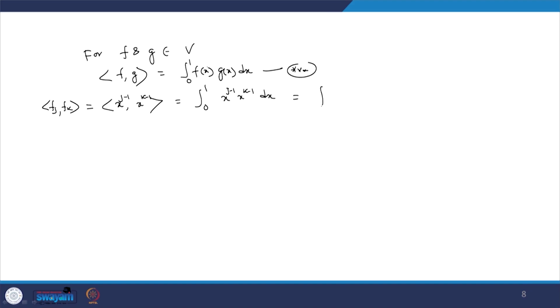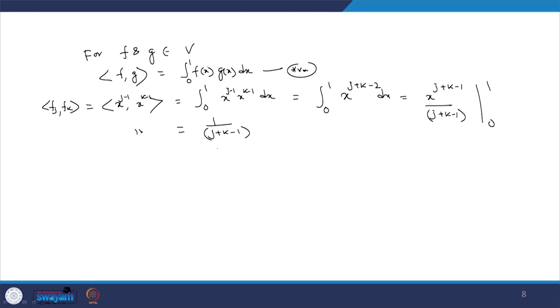So, this is equal to the integral from 0 to 1 of x to the power j plus k minus 2 dx, which is x to the power j plus k minus 1 by j plus k minus 1, evaluated from 0 to 1. So, this is equal to 1 by j plus k minus 1.